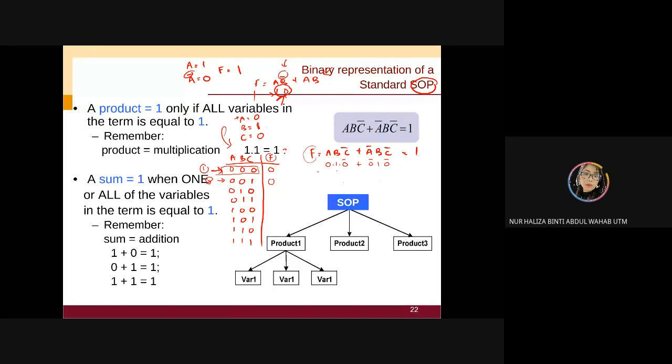So now I solve this. I'm going to get 0 multiplied with 1 multiplied with 1. I get 0. Here, adding with 0 bar will get 1 multiplied with 1. 0 bar will get 1. So I will get 1. Now 0 plus 1, my answer will be 1.